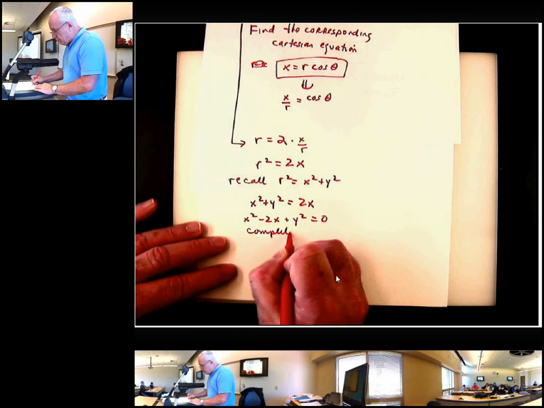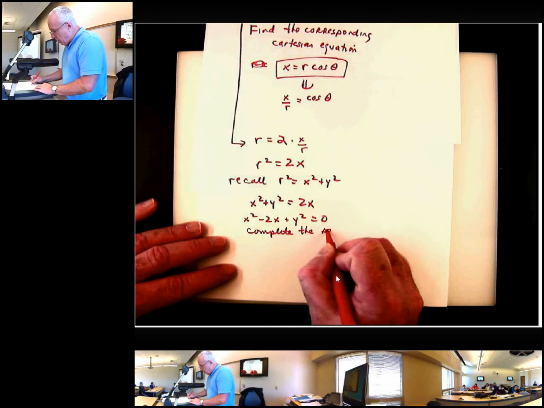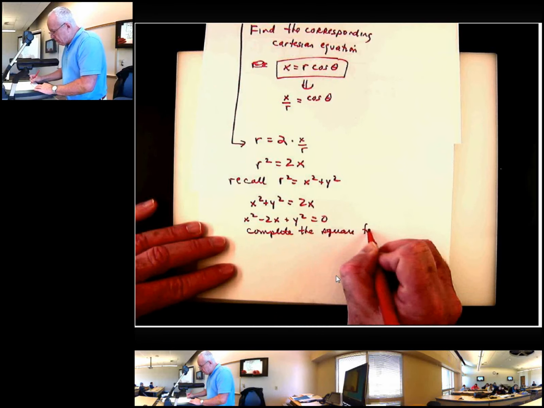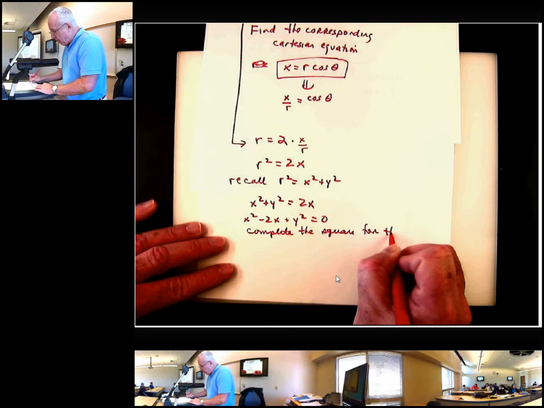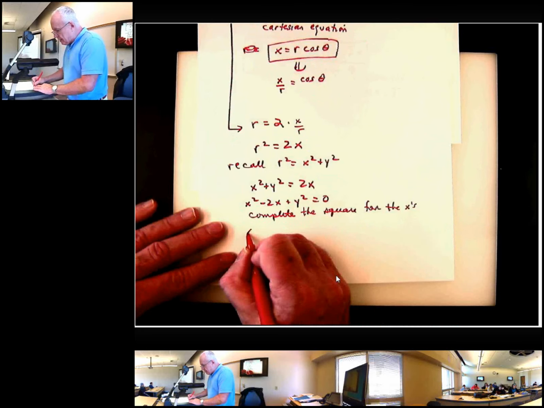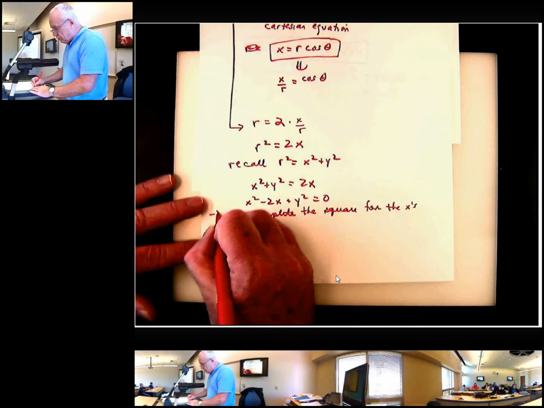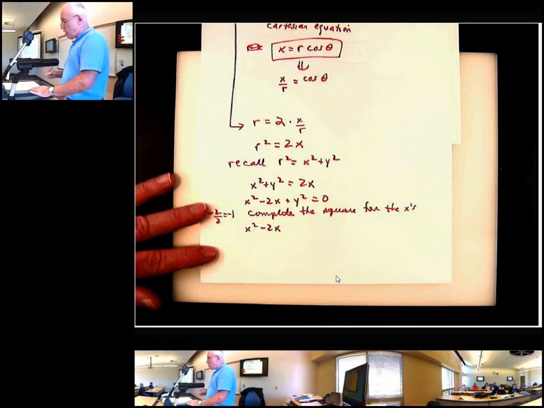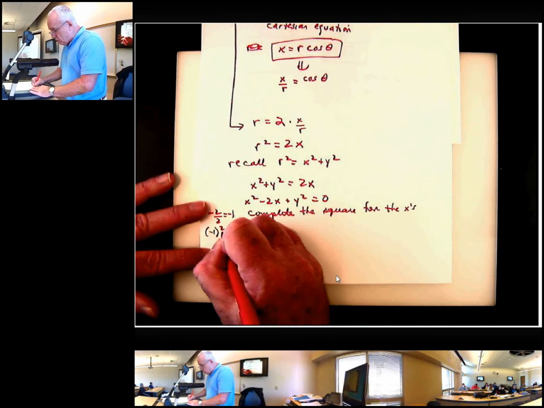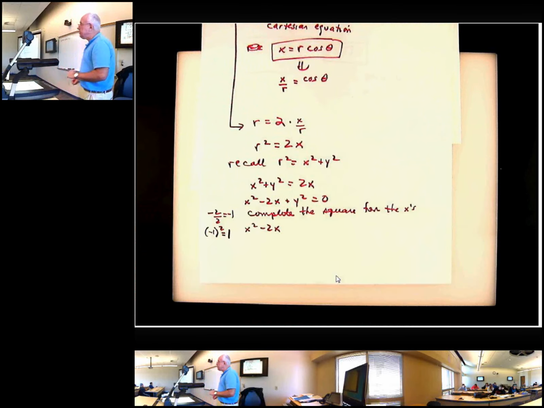Complete the square for the x's. So that gives me x squared minus 2x. I divide the minus 2 by 2, which gives me a negative 1. Then I take the negative 1 and square it, which gives me a positive 1.